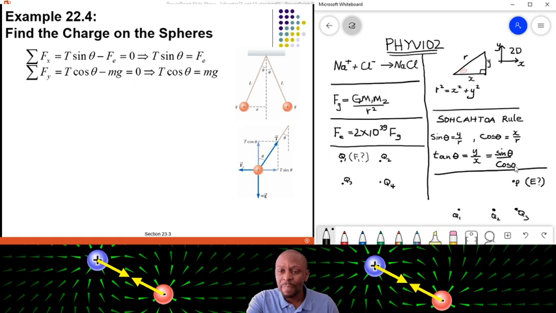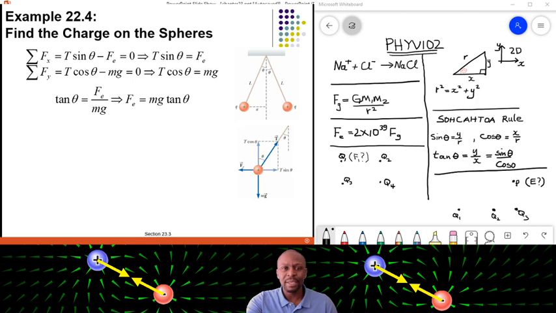Now, if you divide that, you will get the tangent of theta. As a result, you will then be able to get Fe. If you divide this by that, then you see the tensions will just cancel. We really don't need to know the value of the tension, because if we divide that by that and cross multiply, we will be able to know what Fe is.